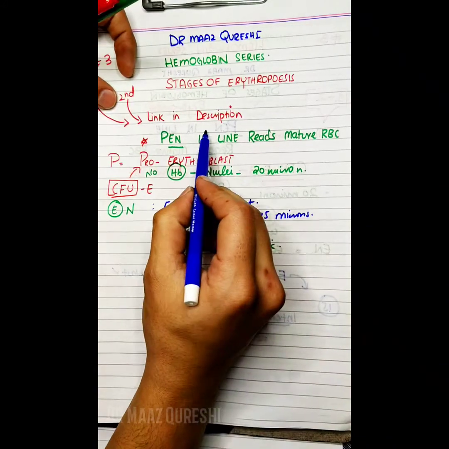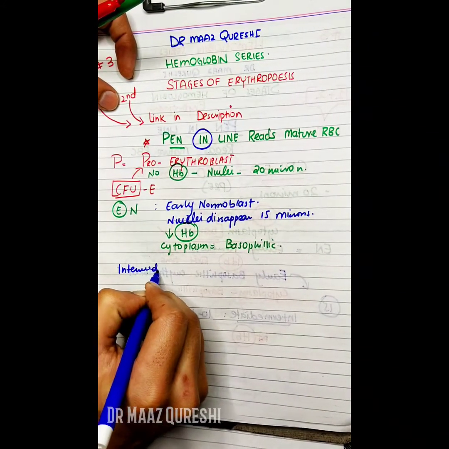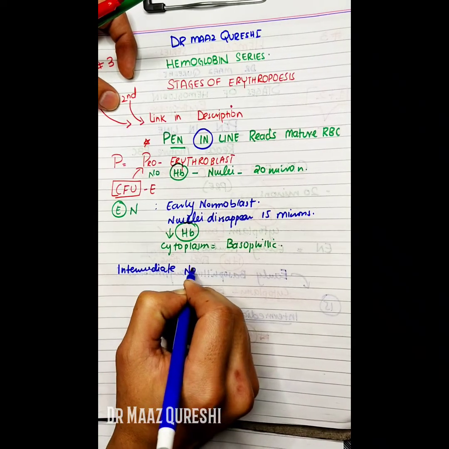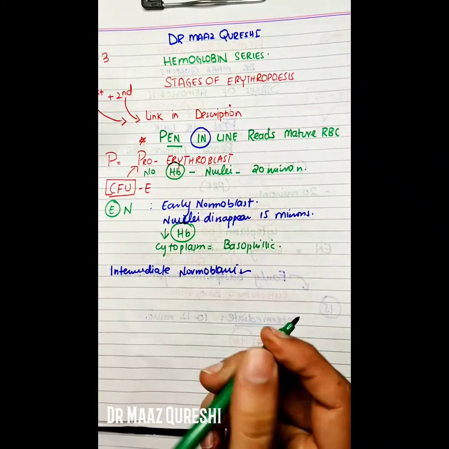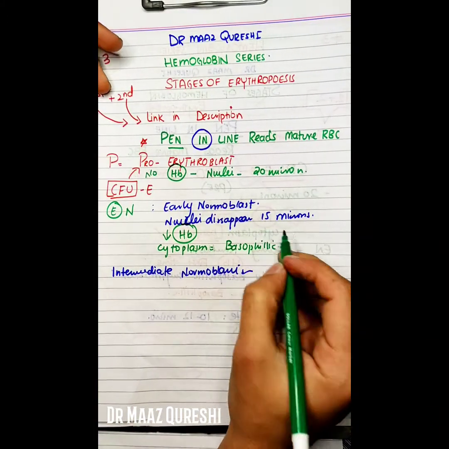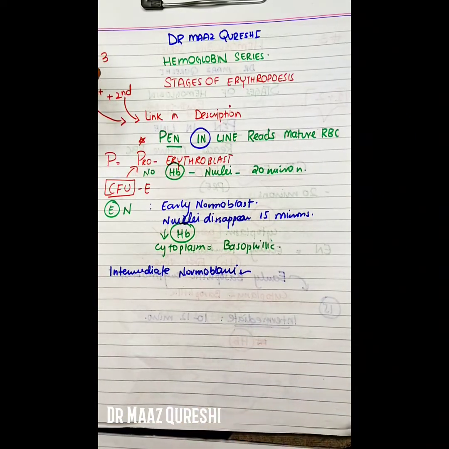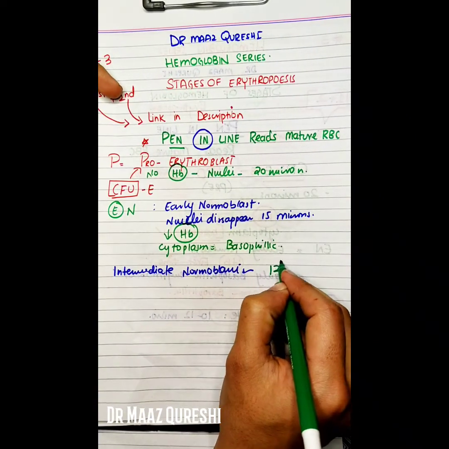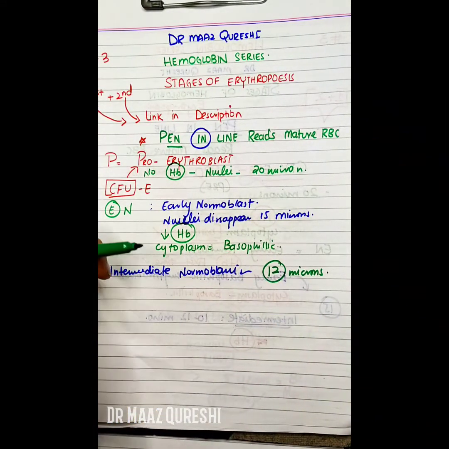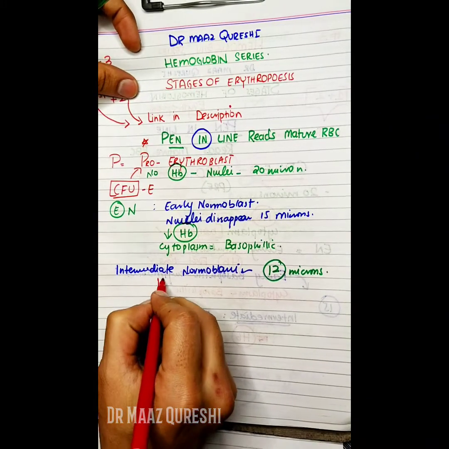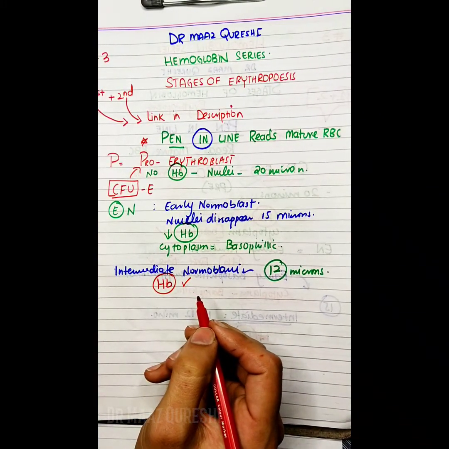Now comes the N, the intermediate normoblast. In the intermediate normoblast, the condensation of the chromatin material ascends and the size reduces to 12 microns or so. Now here you can see hemoglobin for the first time.